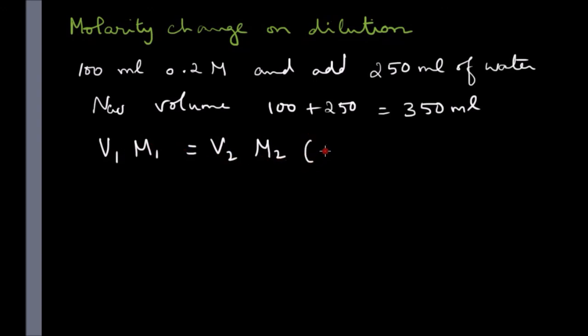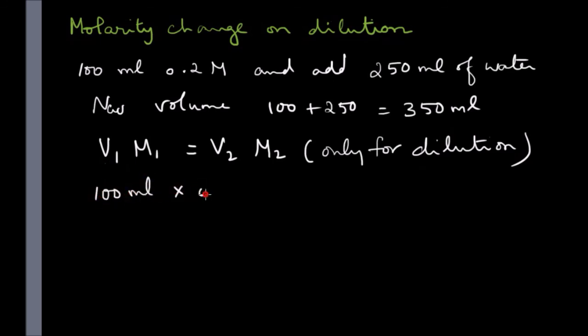You can use it only for dilution because the solution of the same solute only is used here. You can substitute 100 ml here and molarity is 0.2 and new volume is 350 ml and you can find out the new molarity.